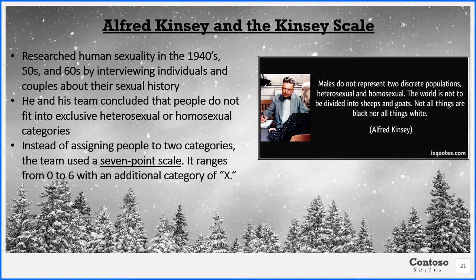I think 0 is completely heterosexual, 6 is completely homosexual, and then they even had an additional category of X, because he also found throughout his interviews that there were some people that quite literally didn't have any sexual interest or inclinations whatsoever. And so he labeled those individuals as the X category.